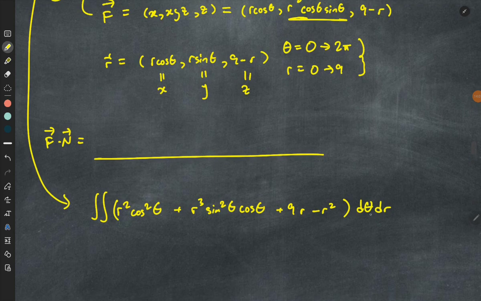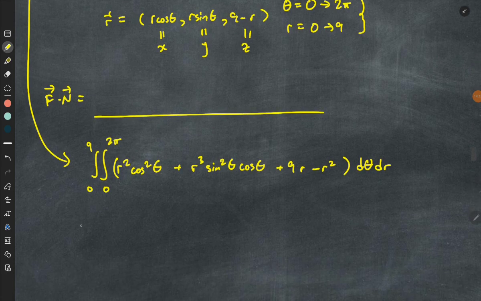So I'll just quickly show you what happens if we integrate with respect to theta first. Theta goes from 0 to 2 pi, and r goes from 0 to 9. What happens to this function is, well, I'm not going to integrate cos squared theta because I have an integration table.